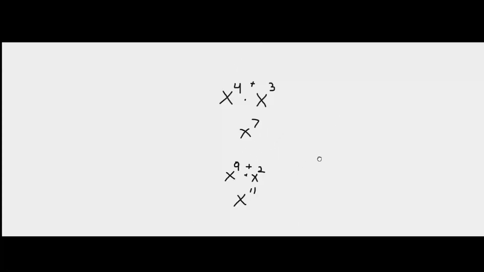Another example, I can just write out here really quick: x to the ninth times, that's the times sign, kind of hard to write, times x to the second is just going to add these, 11. If it's just two variables that are the same and you're multiplying them, you just add them. That is it. First principle, done.